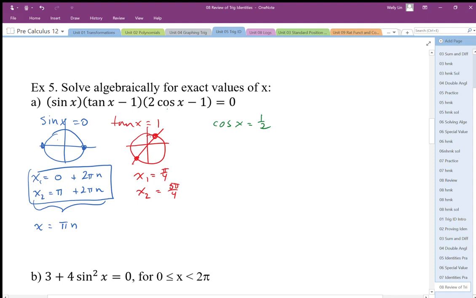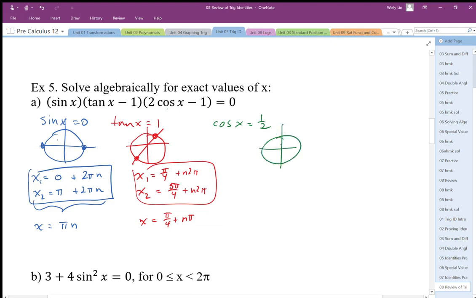We can say that they repeat every pi, so I'm just going to write it like this. x is equal to pi over 4 plus n pi, although we could do this plus n 2 pi here plus n 2 pi here. Okay, this is good enough. This actually is better.